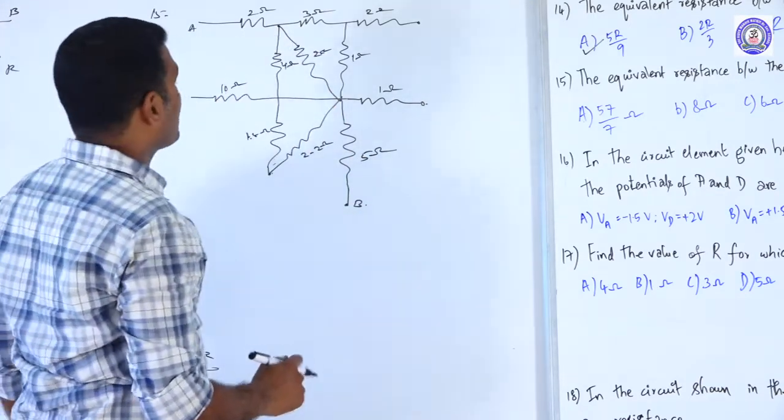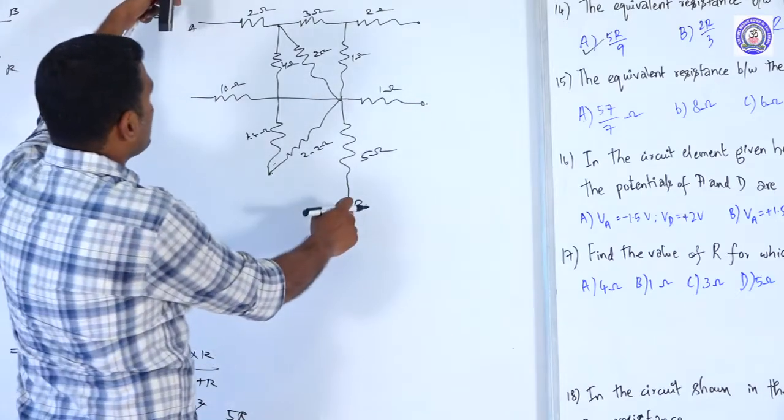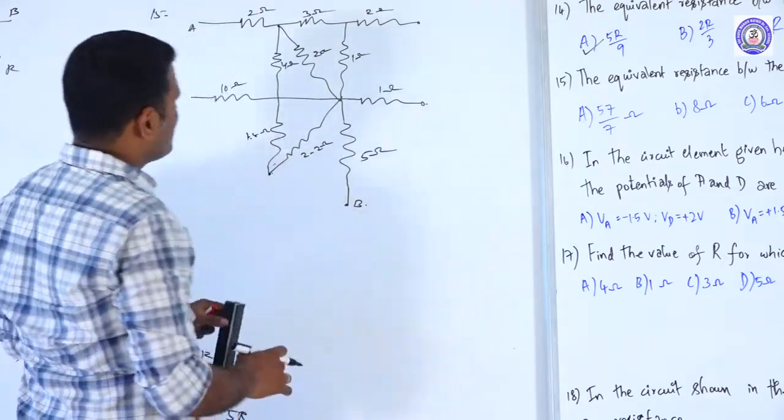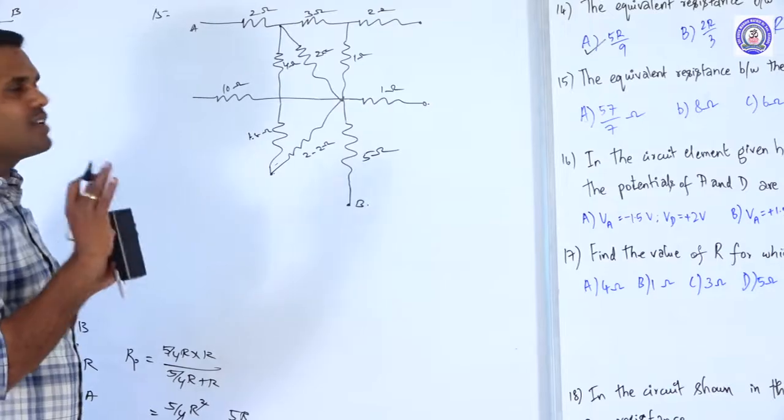They are asking you to calculate the effective resistance between A and B. As you look at the circuit, it seems to be very meshy, but the idea is very simple.